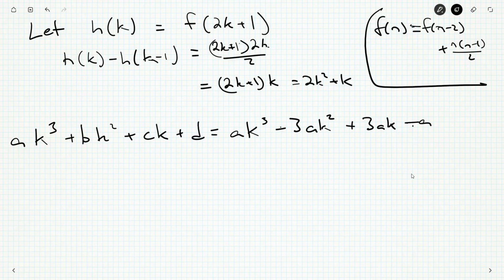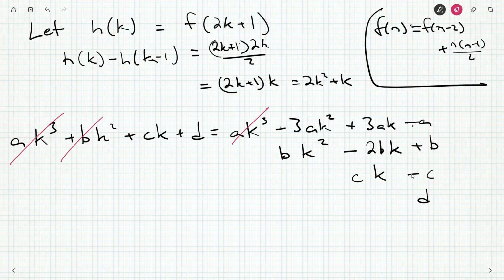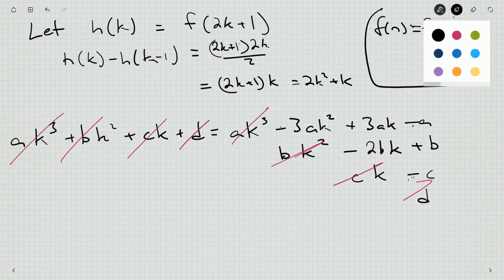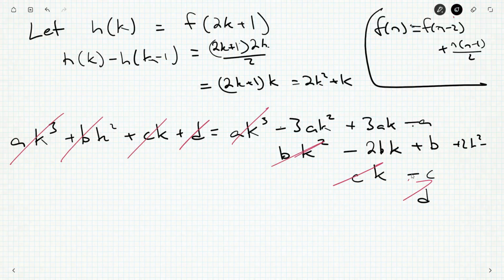And then bk squared minus 2bk plus b, and then ck minus c, and then d. So we'll just cancel some things out. K squareds, bk's, ck's, and d. And of course we still have plus 2k squared plus k.